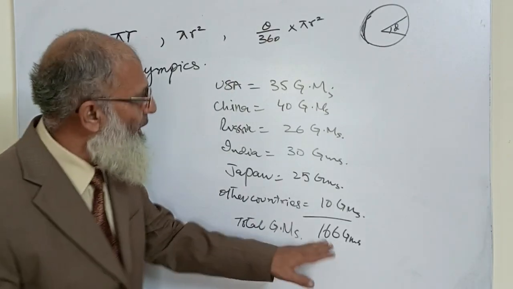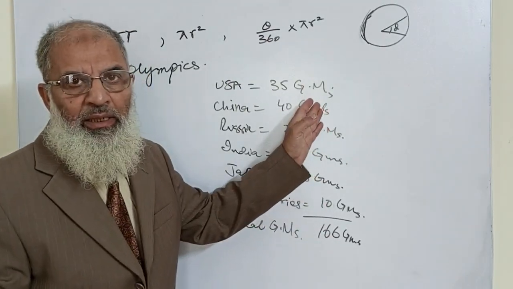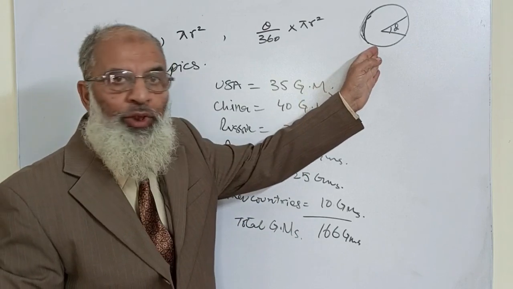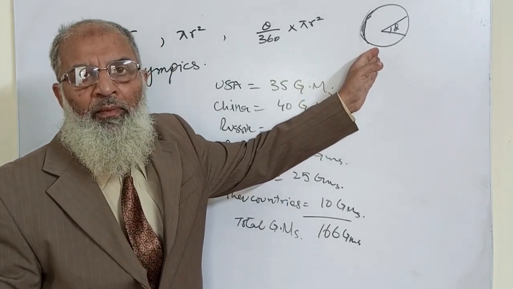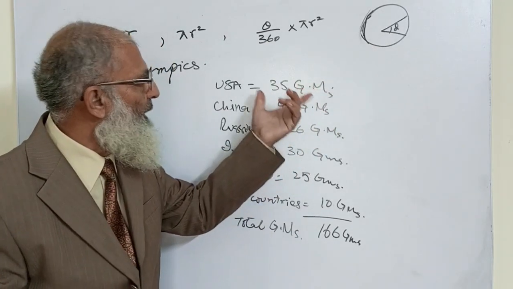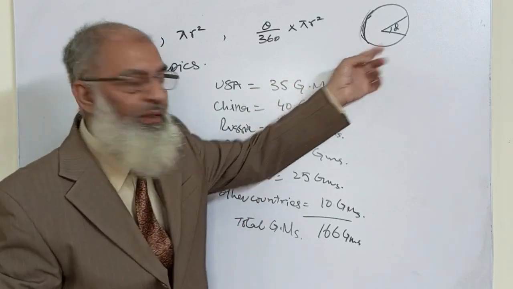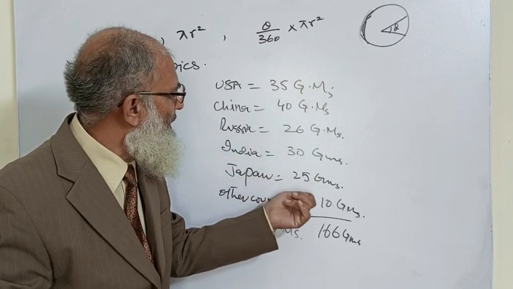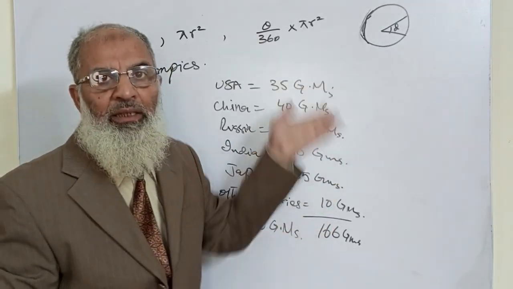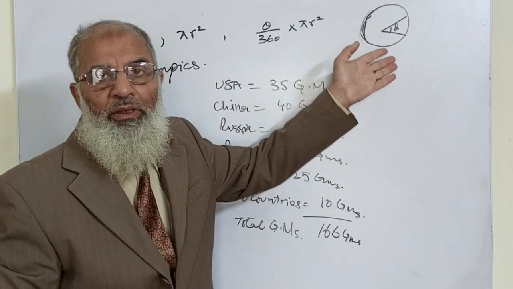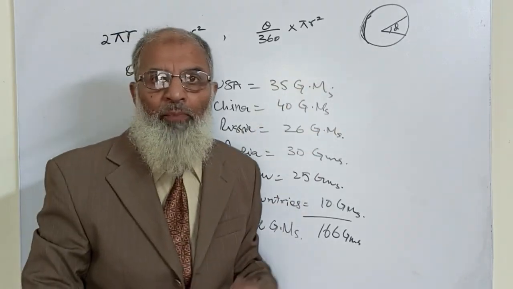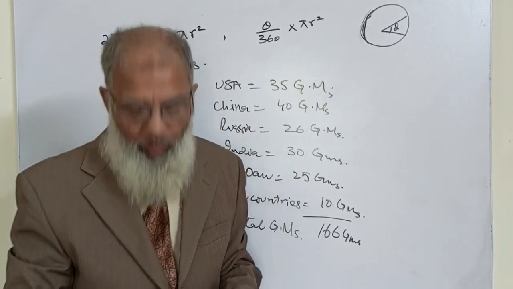Now we have to manipulate each, which will be shown in this circle. We'll manipulate 35 gold medals in this circle, 40 gold medals in this circle, 26, 30, 25 and other countries in this circle by virtue of a certain formula.